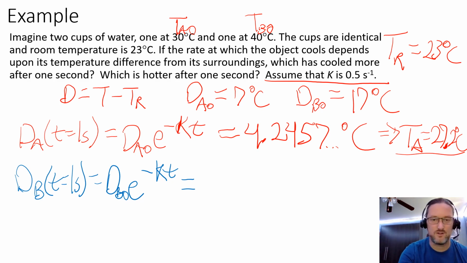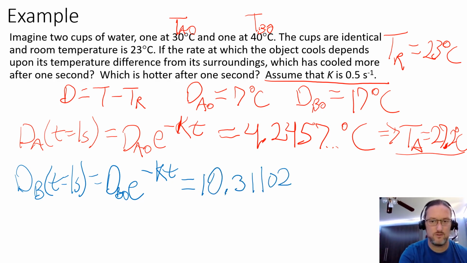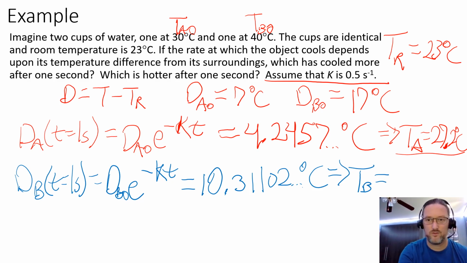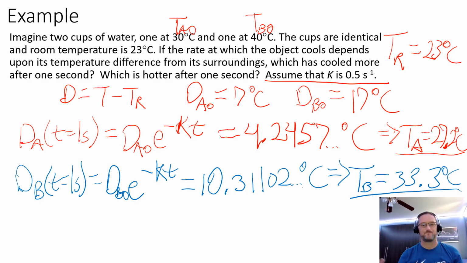I get a temperature difference of 10.31102 something degrees C, which tells me that after 1 second, the temperature of B is 10 degrees above the room, so 33.3 or so degrees C. So yeah, object B, cup of water B, still hotter.